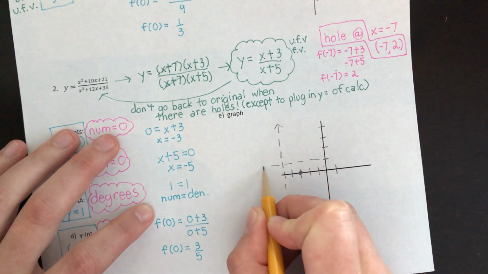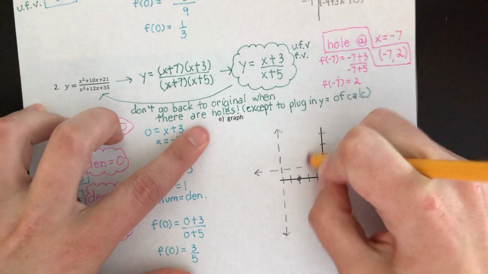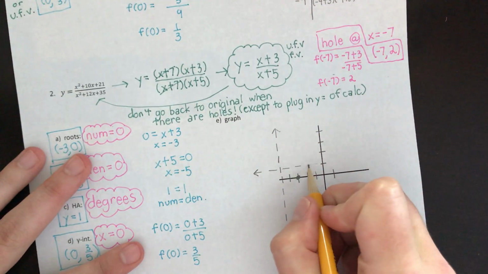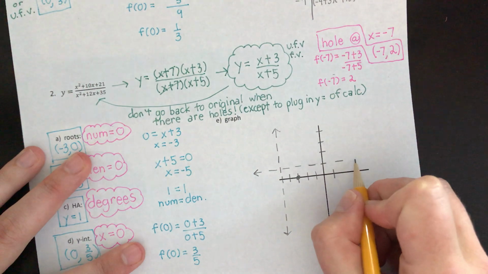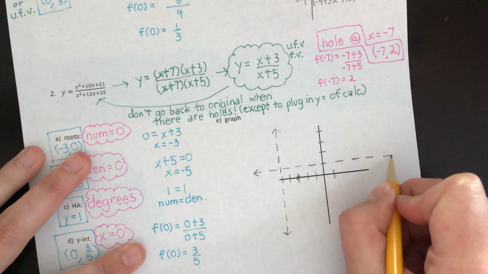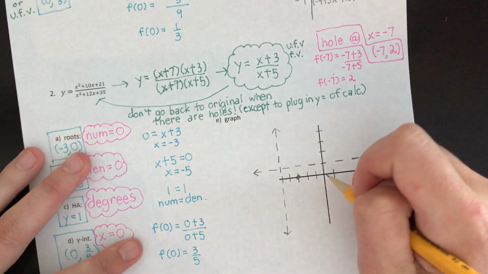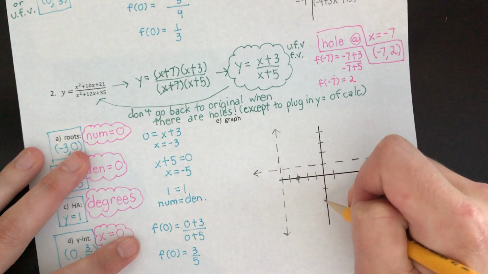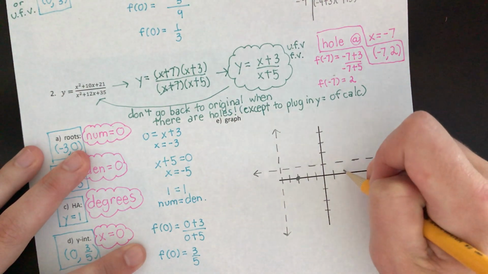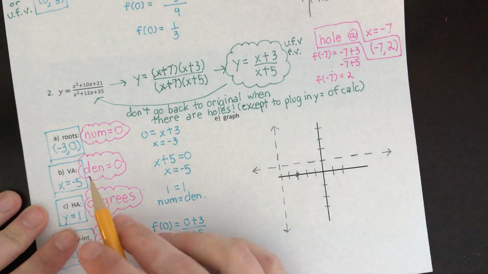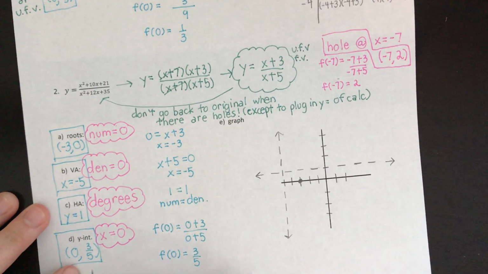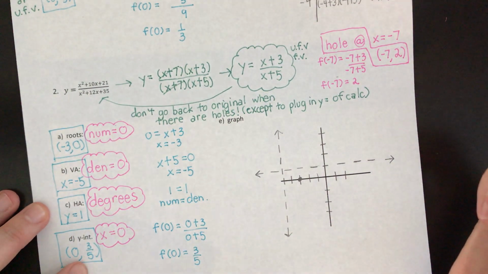Whoops. Got a little crooked there. That'll bother me a little. Okay, what else do I have? So I have my HA, have my root, VA, y-intercept, 0, 3/5.